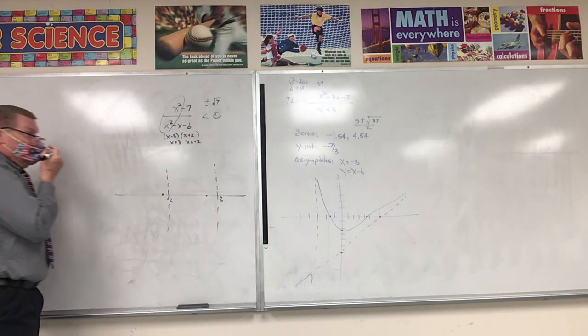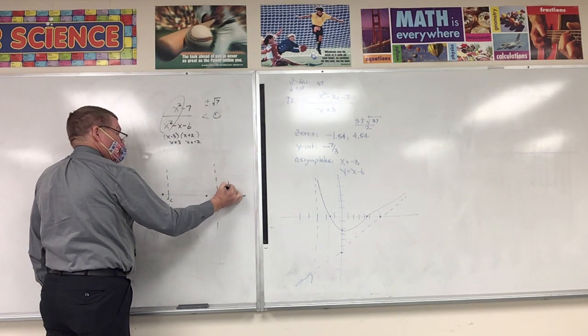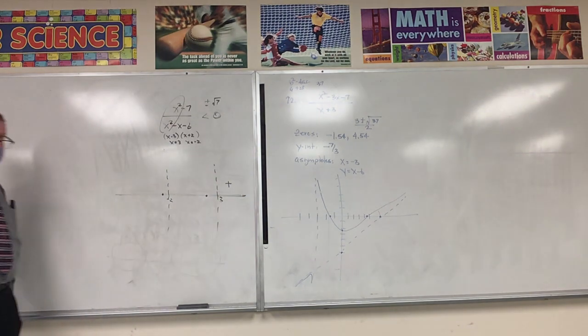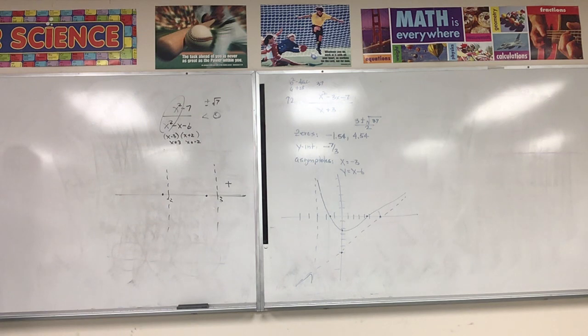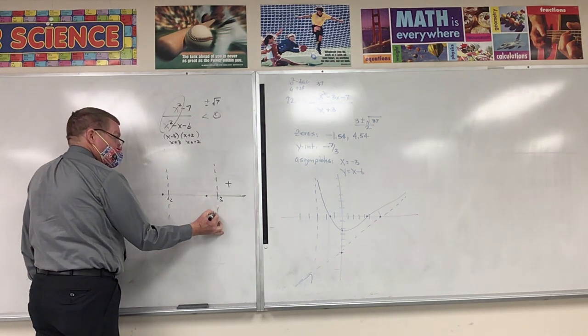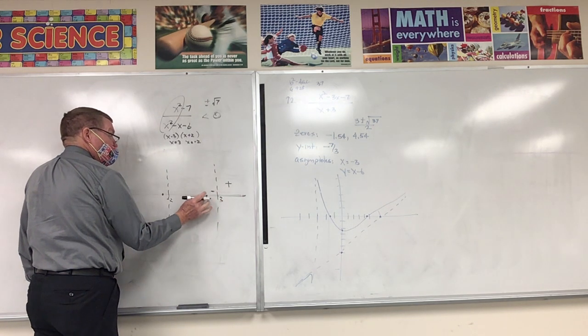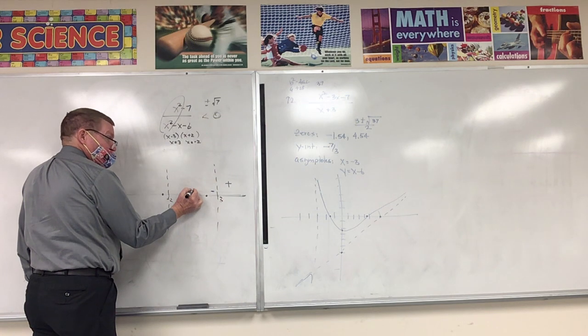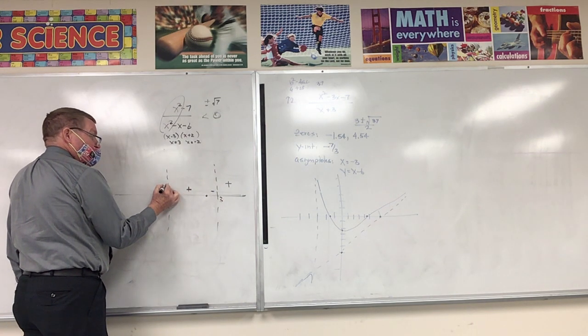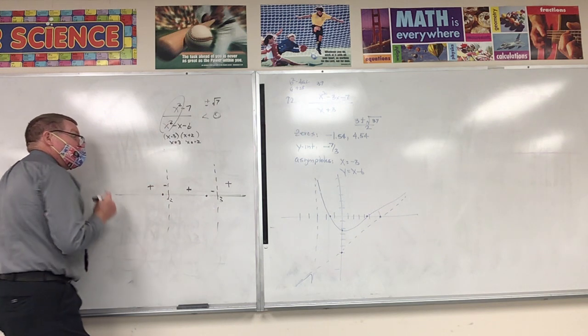On the right hand side of 3, I am positive, correct? On the left hand side of the asymptote, I would be negative. When I cross the 0, I would be positive. At the asymptote, I would be negative, and at this 0, I would be positive.